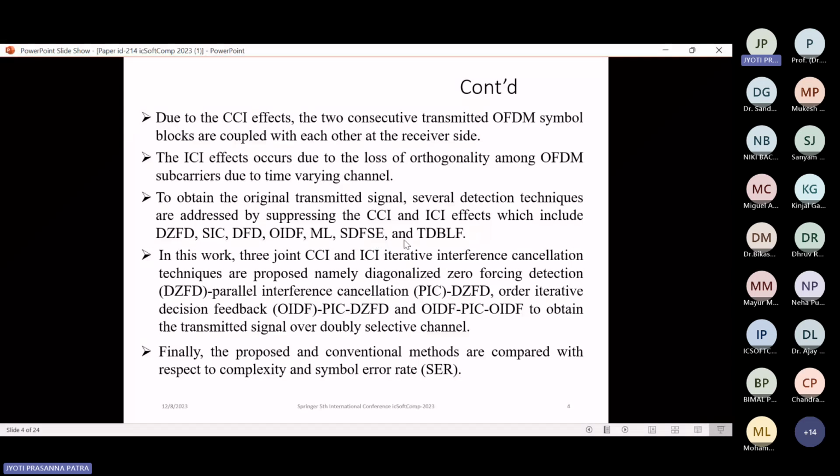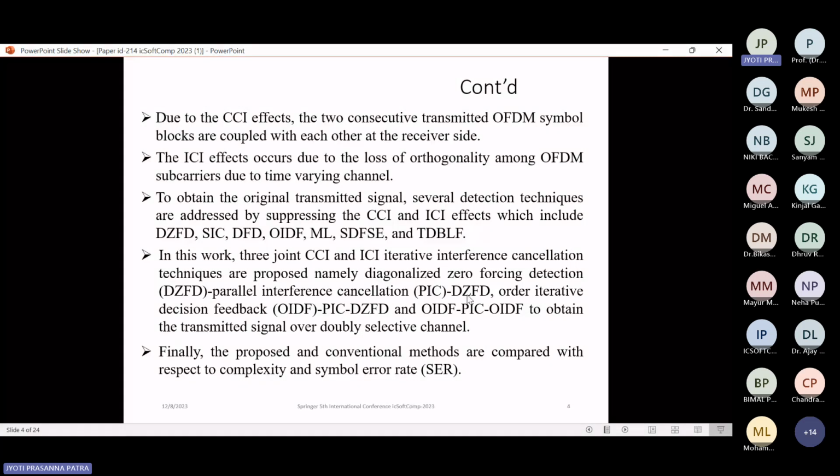In this work, we have proposed iterative joint CCI and ICI cancellation to suppress both the CCI and ICI effects. These methods are DZFD, PIC-DZFD, where DZFD is diagonal zero forcing detection with parallel interference cancellation.